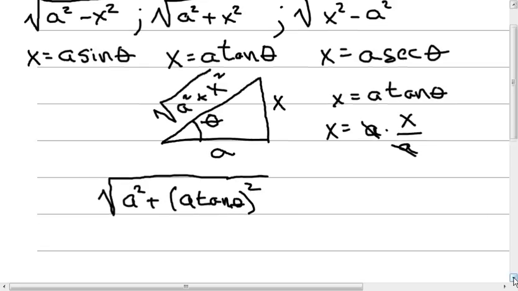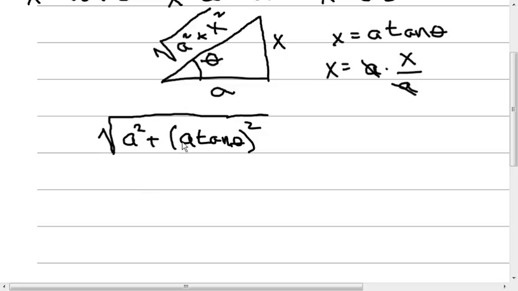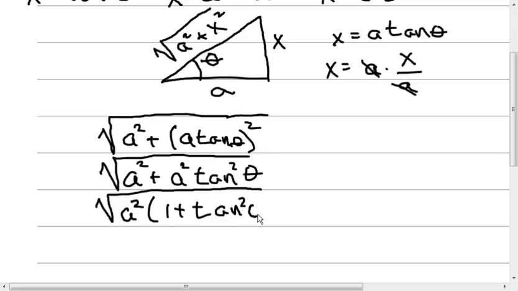What we now have to do is resort to a little algebra. So let's multiply this out, and we get a squared plus a squared tangent squared of theta. Factor out an a squared, and we get a squared times 1 plus tangent squared theta.